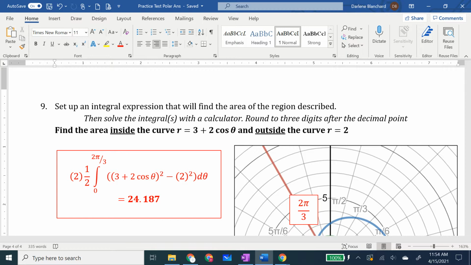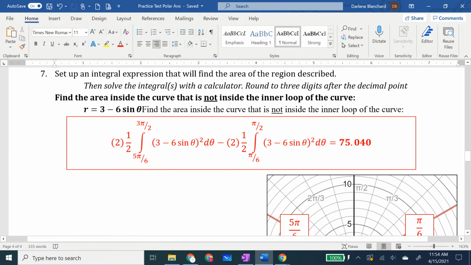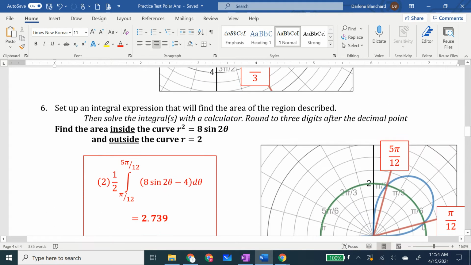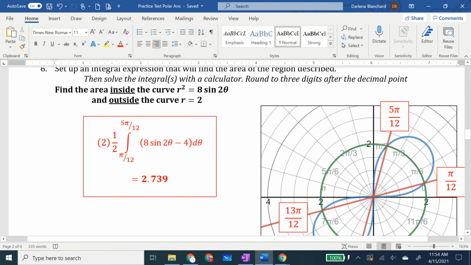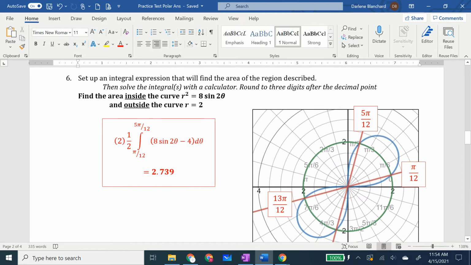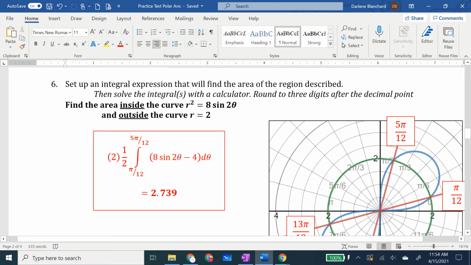Anyway. So you're going to have an inside-outside like number 9 and like, hold on, number 6. 6 and 9 are inside-outside problems. Now, can you verify 2.739 for number 6?